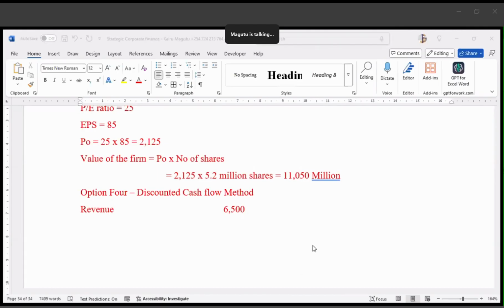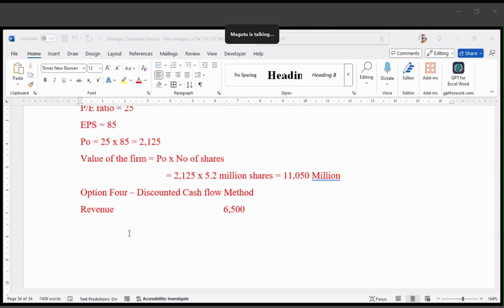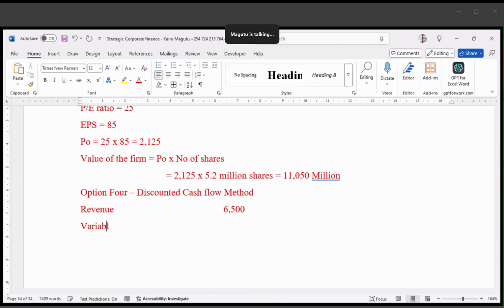Let us continue. We look at the cash flow. In the question, down here, there's somewhere we are told about, where is this? Number 6, before tax contribution to sales. So this is revenue, variable costs, contribution.